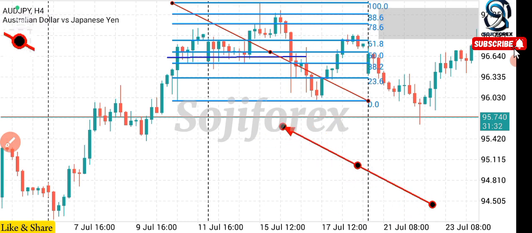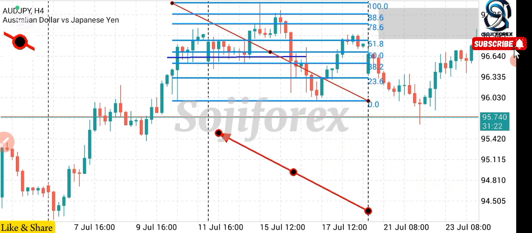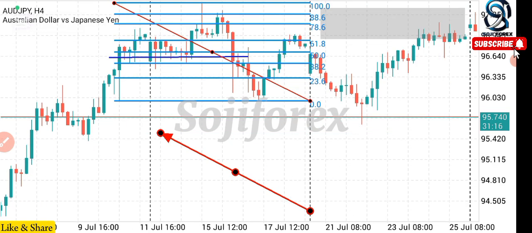If you are connecting to wick, you connect it wick up, wick down. And if you want to use the body of the candle, it has to be the body to the body. Now that I've done this, I will now go further into marking my point of interest.